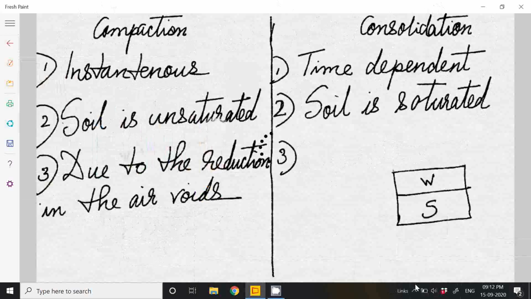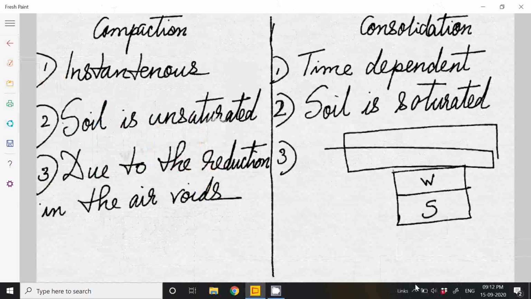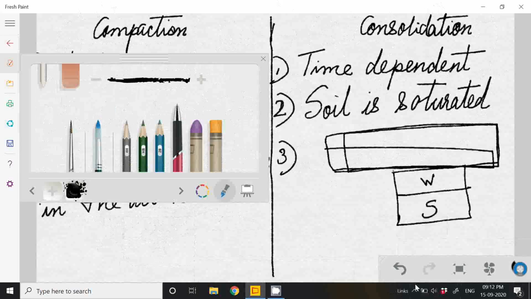when there is load over it. Suppose there is some load over the soil. So with time, the water gets expelled. Okay, the water goes out.